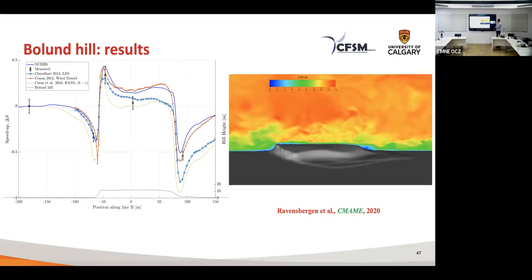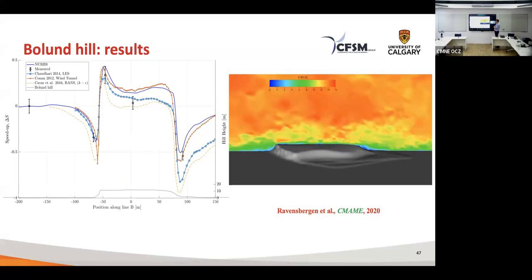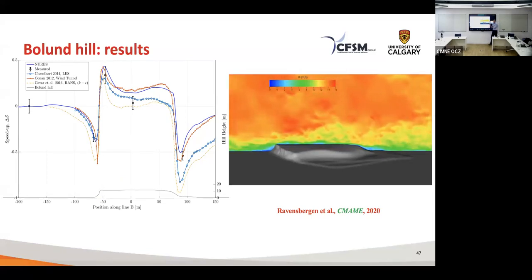So here is the comparison with the experiments, as well as LES and RANS tools. Here, the turbulence is generated using the precursor simulation, which we used in the past. I don't like that approach because it adds an extra computational cost.